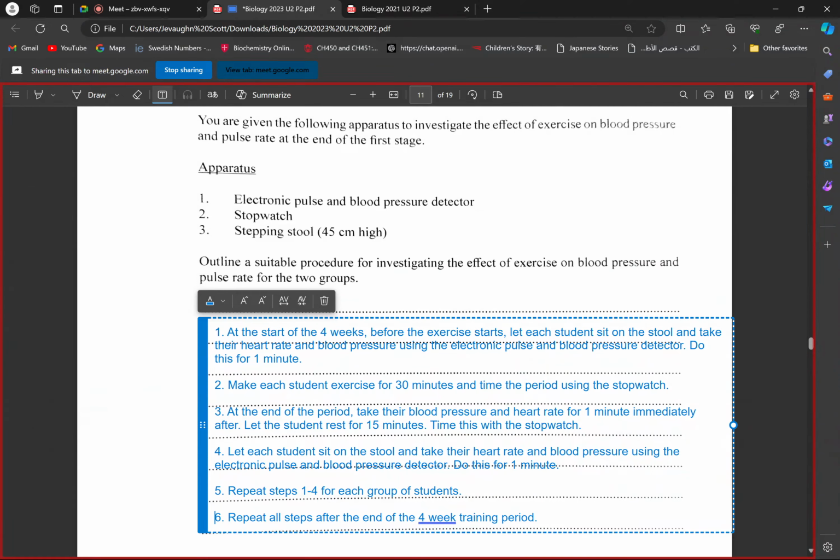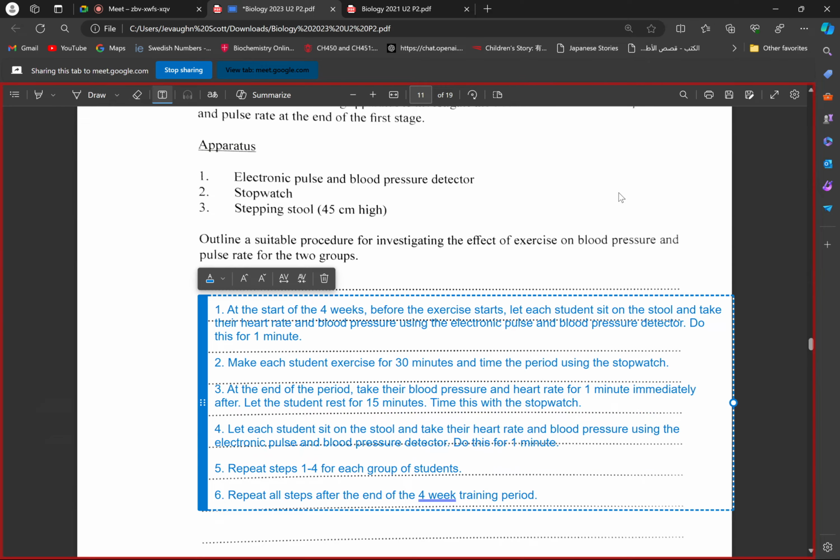Okay, so now step 1, at the start of the 4 weeks, before the exercise starts, let each student sit on the stool and take their heart rate and blood pressure using the electronic pulse and the blood pressure detector. Do this for 1 minute. Alright, why do we do it for 1 minute?